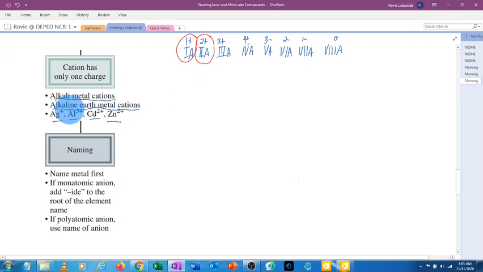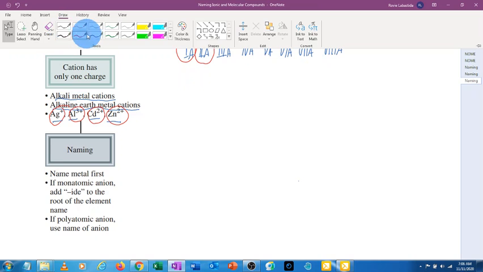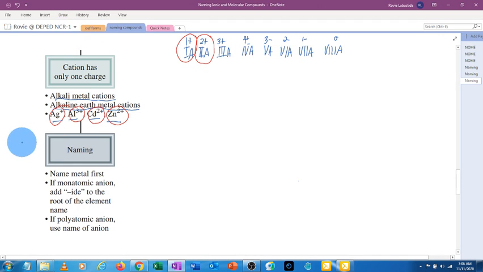Alright? And we have this additional 4 cations that has only one possible charge. Alright. Now, let me give you some examples. But before I give you some examples, let us first read the rules.